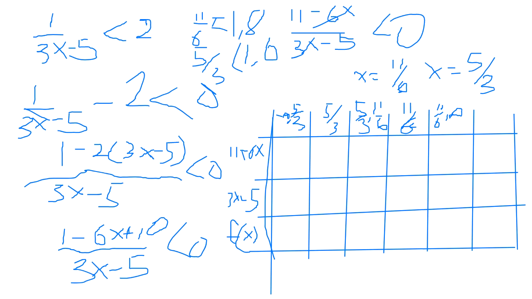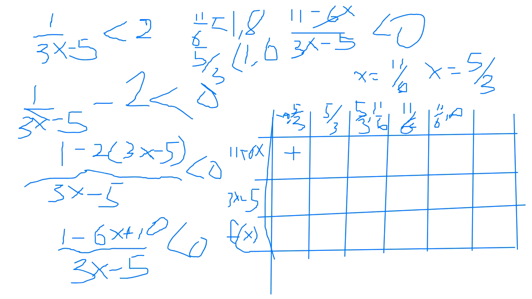You can pick one. Can you see that? So if I put 1 in place of x in 11 minus 6x, I'll get a positive. Can we see that? Then 3x minus 5, if I put 1 there, I'll get negative.